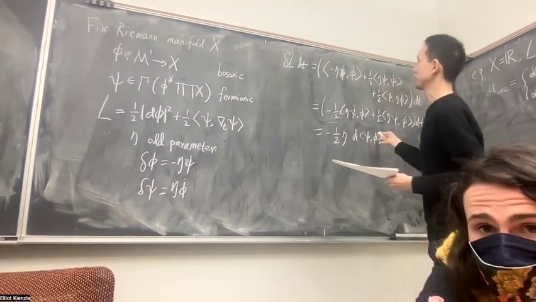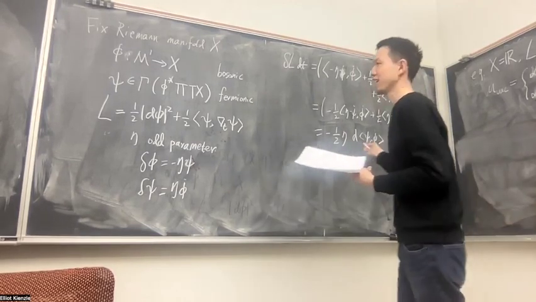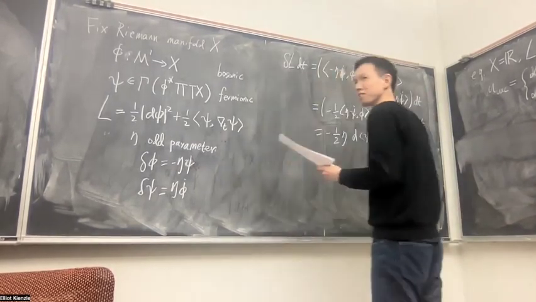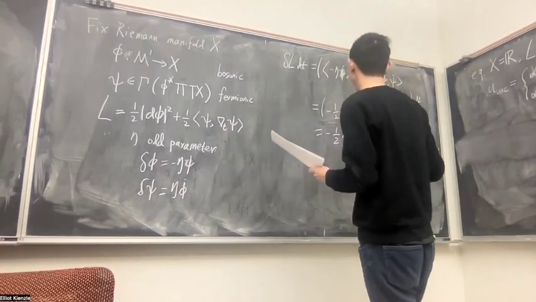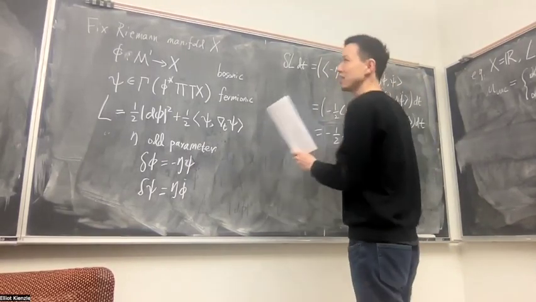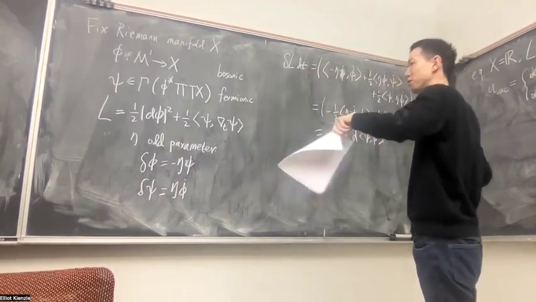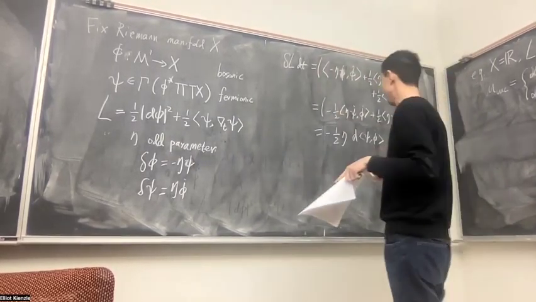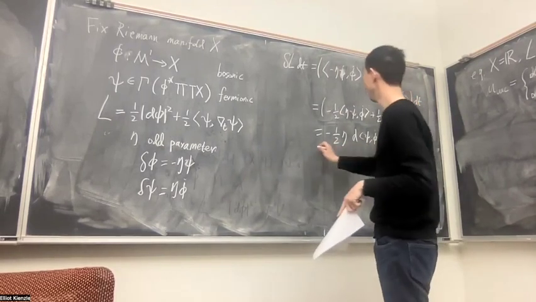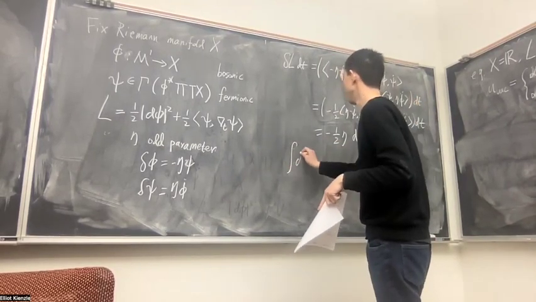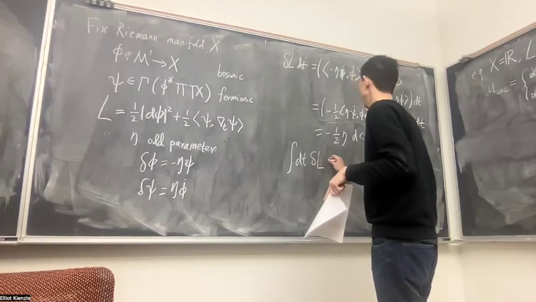And of course, we integrate a total derivative on the whole real line, and with the usual physics assumption that your fields fall fast enough at infinity, this thing will be zero.